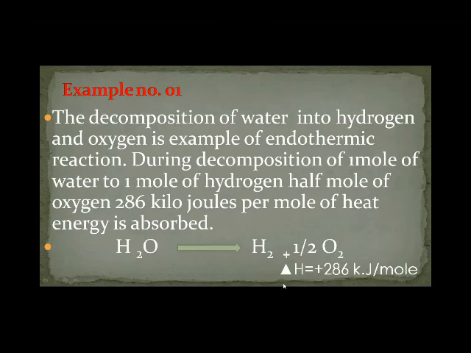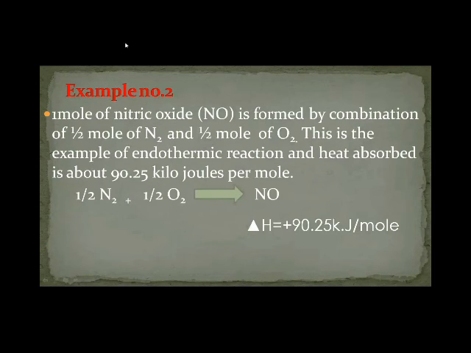Now next example: 1 mole of nitric oxide, NO, is formed by the combination of half mole of nitrogen and half mole of oxygen. This is an example of an endothermic reaction, and the heat absorbed is about 90.25 kilojoules per mole. Half mole of nitrogen plus half mole of oxygen react together to form 1 mole of nitric oxide, but they need energy: delta H equals plus 90.25 kilojoules per mole.